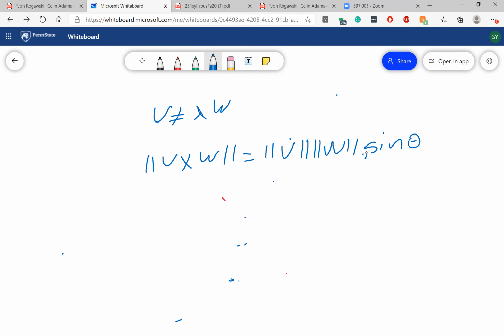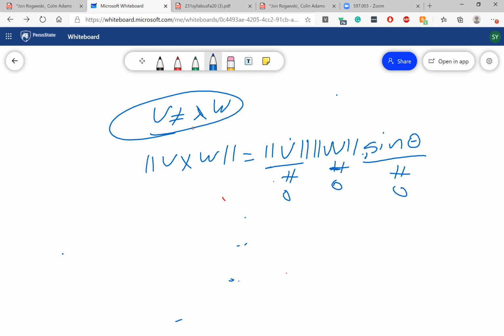Because neither magnitude is 0, this is not going to be equal to 0, and if the angle between these two things is not 0 or pi, then this is not going to be equal to 0. But then that means that V cross W is not equal to the 0 vector. Any questions about this?